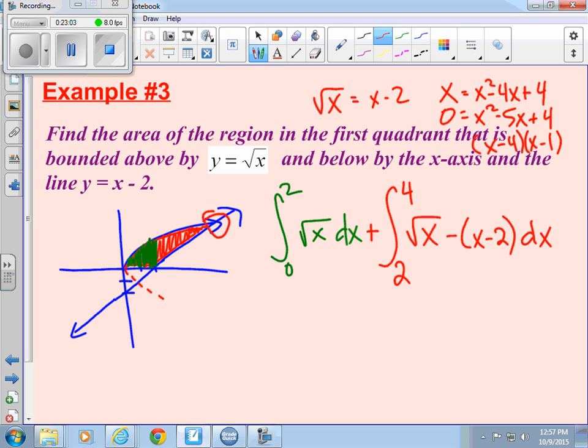F3, go down to integrate. Type in the square root of x or x to the 1/2, comma x, comma 0, comma 2. Comma, which is right above the 9. Comma x, comma 0, comma 2. That's the square root of it.